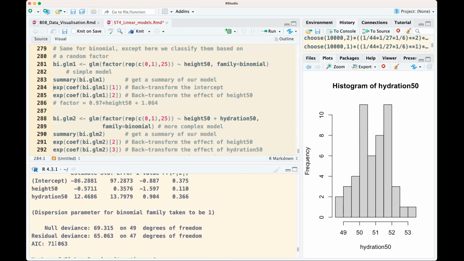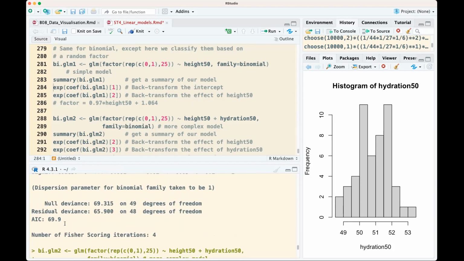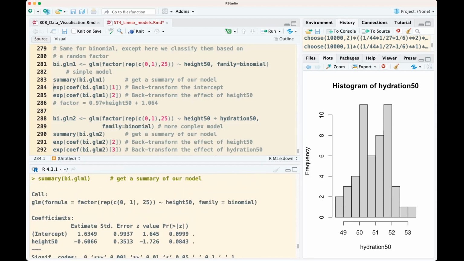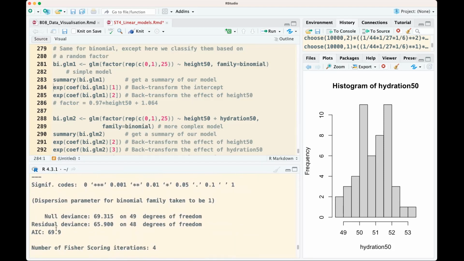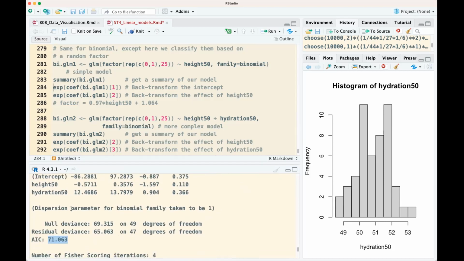If we look at a previous version, for the more complex model it was 71.06, whereas for the simpler model in the previous version we had 69.9 again. So in this case, adding another variable made our model worse. So that's important to note, and that's why the AIC can be instructive in terms of what's the best fitting model, including a penalty for the number of parameters that we include.